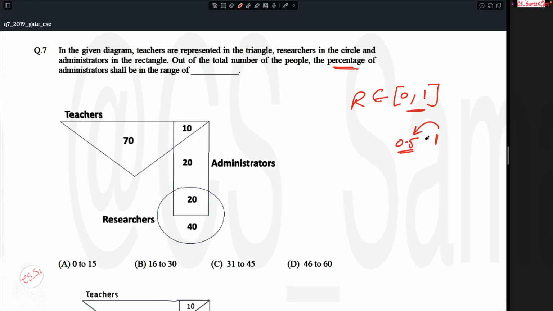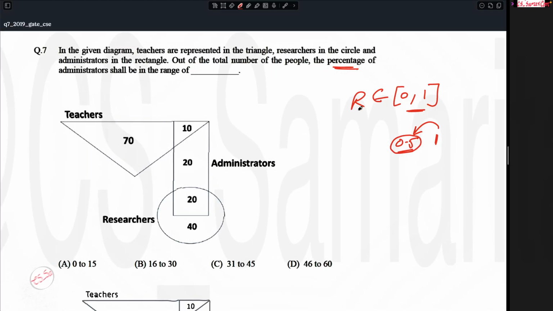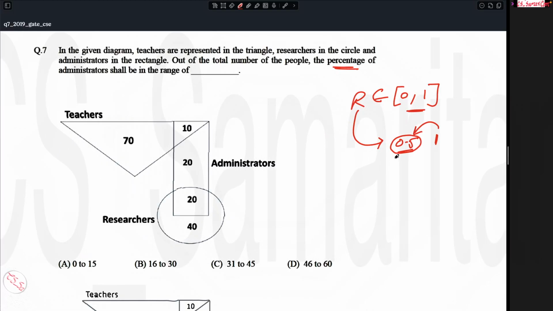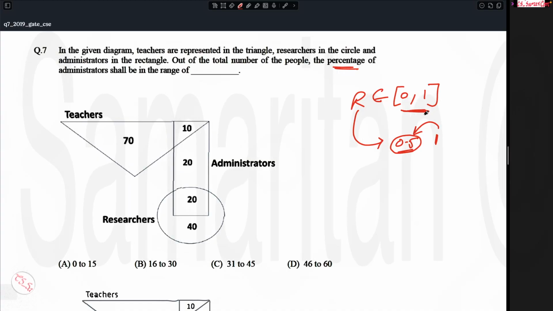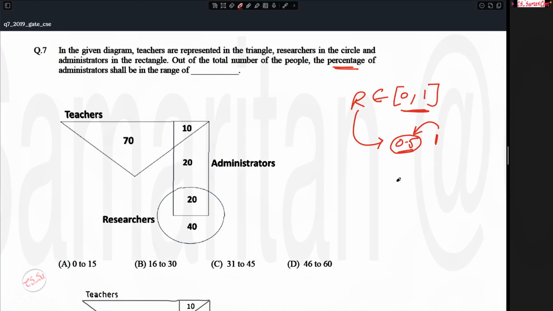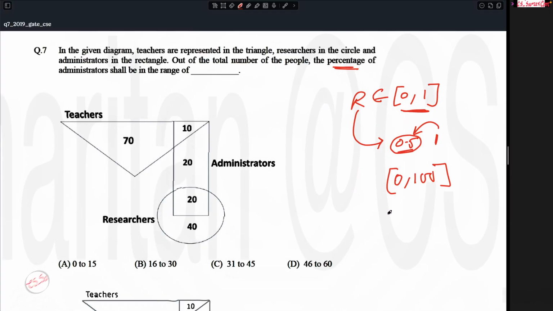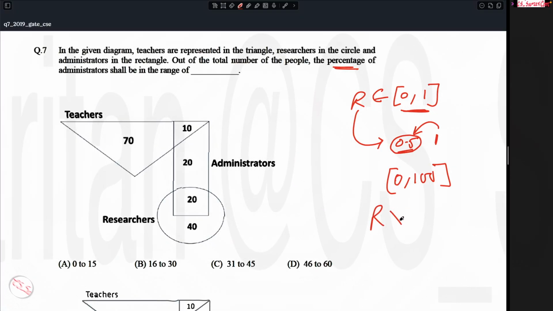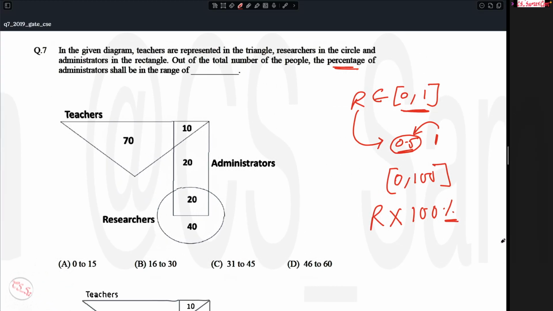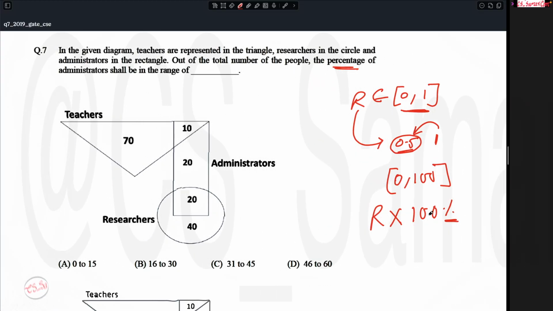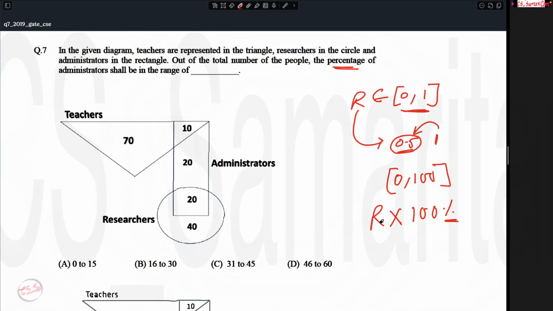A ratio means part of something. Now percentage means that this ratio is not in the range from 0 to 1, but in the range from 0 to 100, both included. How is that achieved? By multiplying the ratio times 100 and then adding the % symbol at the end. This symbol basically means that this thing is a percentage, a ratio represented out of 100. This is the way you find it.